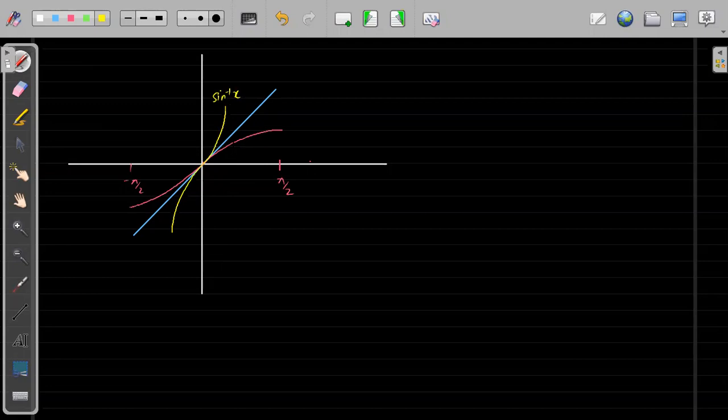Now see, the sine of x was below y is equal to x, and sine inverse of x is now completely above the line y is equal to x.